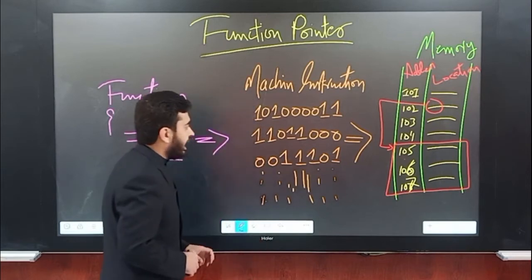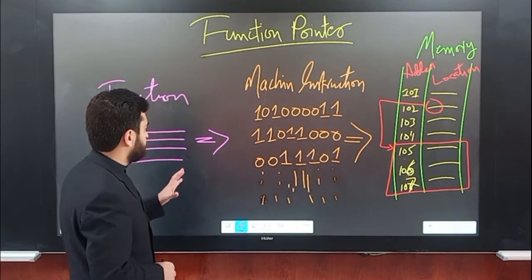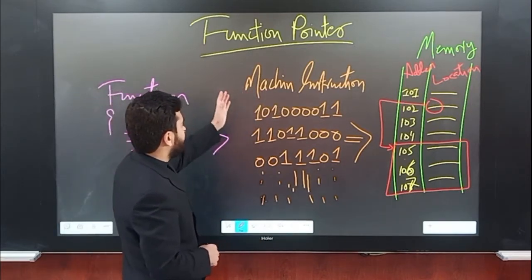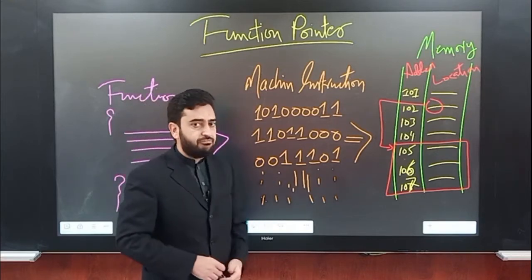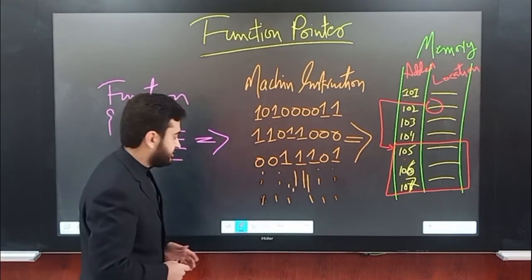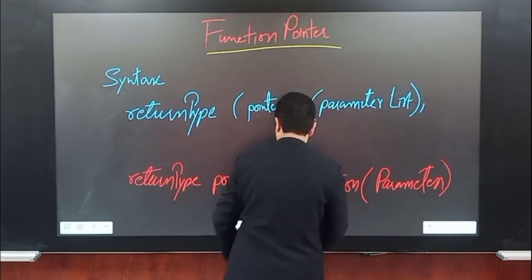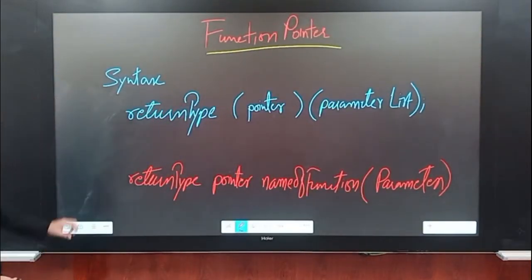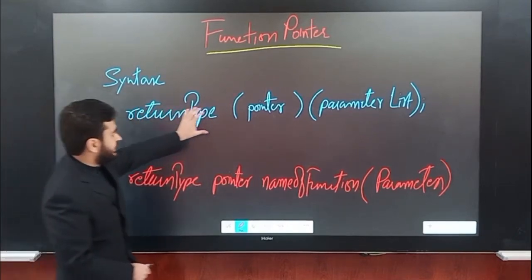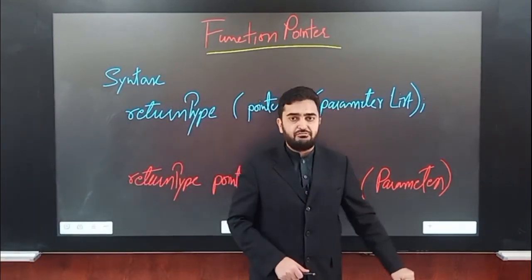So let's see how we can declare a pointer to a user-defined function, or we can also say a function pointer. This is now the syntax of how we can declare a pointer to a user-defined function.